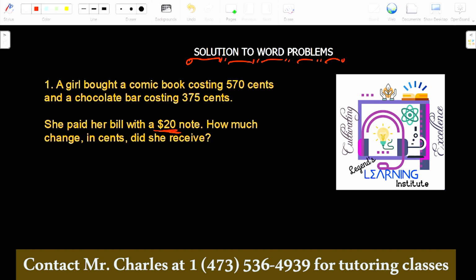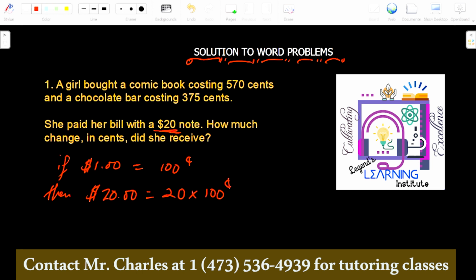So $1 equals 100 cents. If $1 equals 100 cents, then $20 would be equal to 20 times 100 cents, and 20 times 100 gives us 2,000.